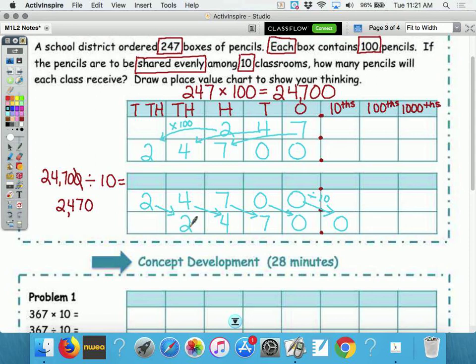Which digit did I not have to write when I wrote my answer? The last 0. I don't need to write it, do I? It doesn't change the value of it. You don't walk around saying I'm 10.0 years old, do you? No. So we don't need it, okay?